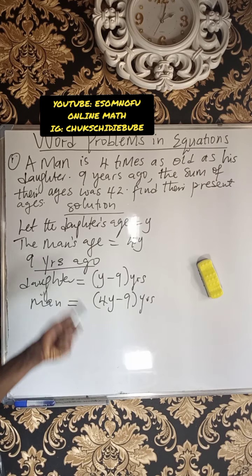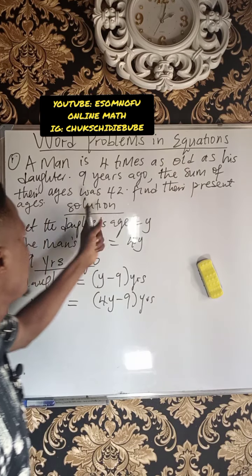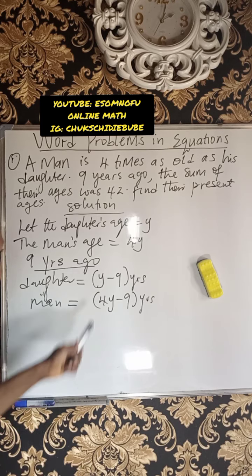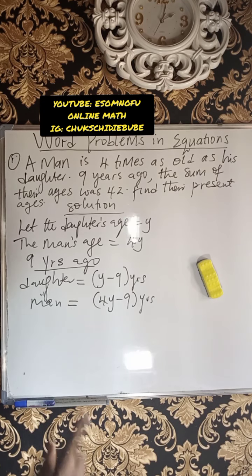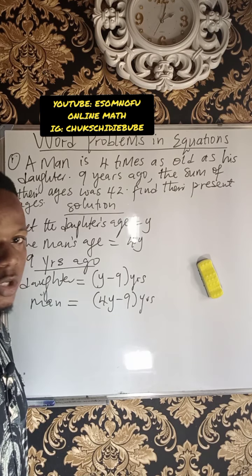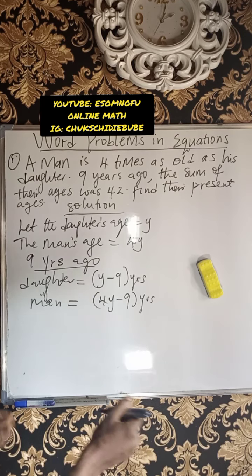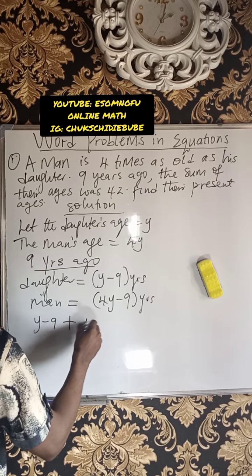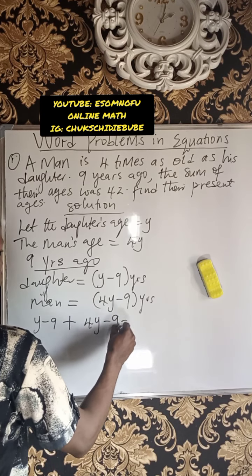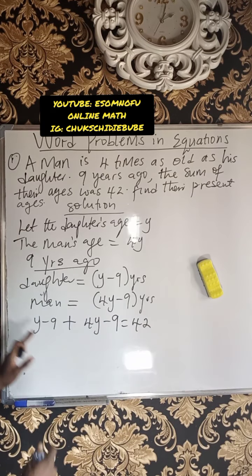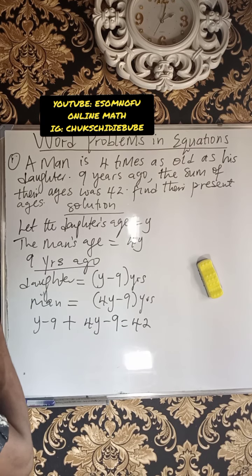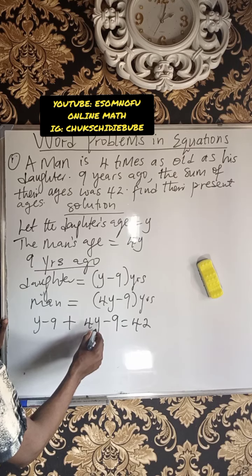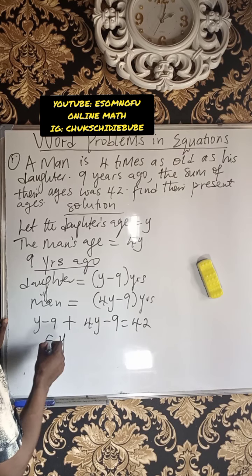Same 9 years ago, we are told that the sum of their ages was 42, which means if I add this and this together, I must get 42 years. According to the equation, the sum of their ages was 42. Therefore, y minus 9 plus 4y minus 9 will give me 42. I'm summing the daughter's and the man's ages to get 42. Now, collect like terms. y plus 4y will give us 5y.